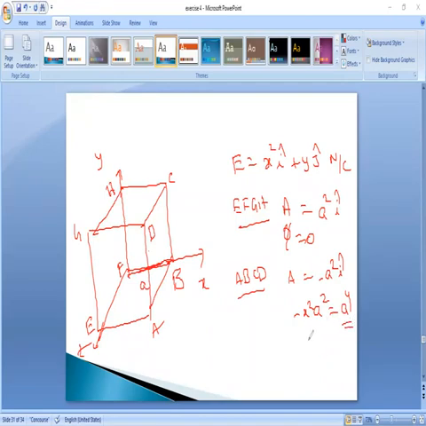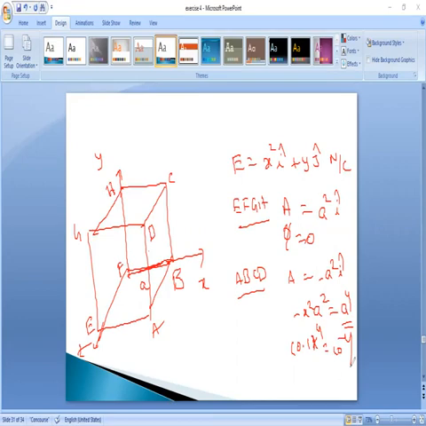Side length A is given as 0.1, so it will be 0.1 whole power 4, which is 10 power minus 4. So for one surface, which is at x equal to 0, the flux is 0, and for the second surface along the x-axis, it will be 10 power minus 4.